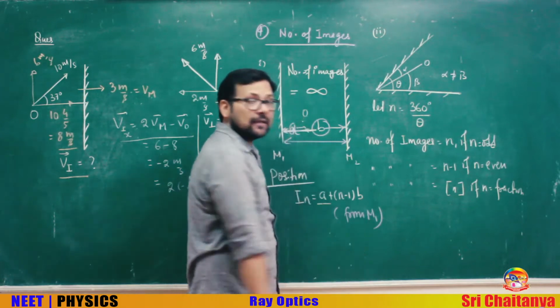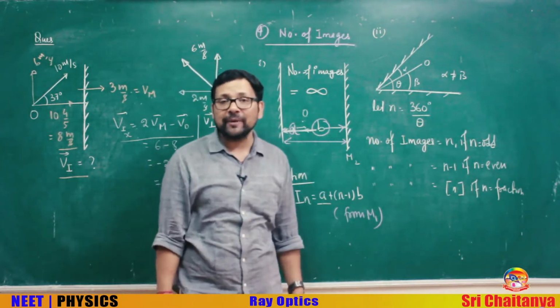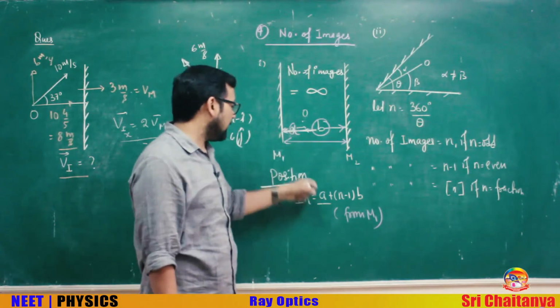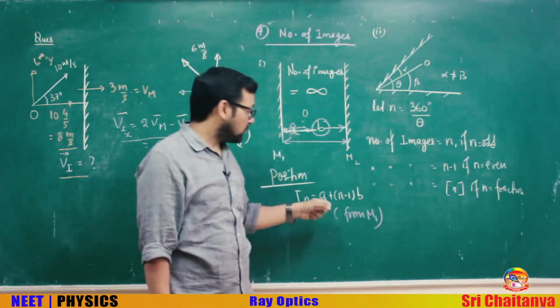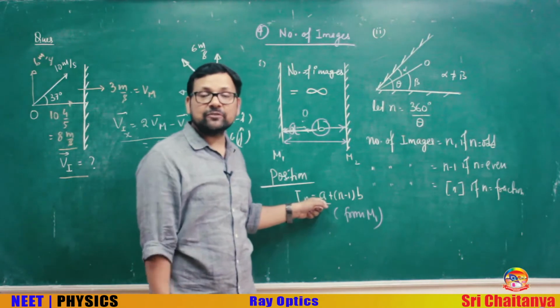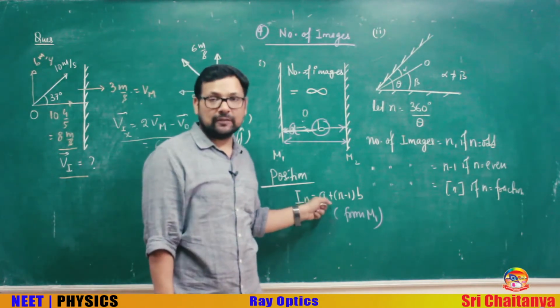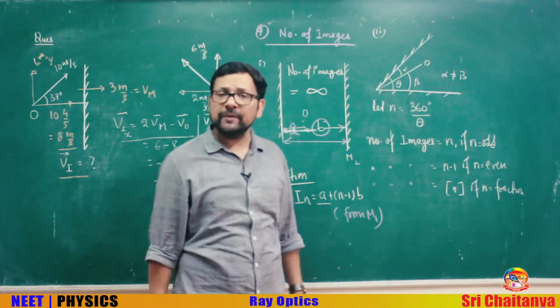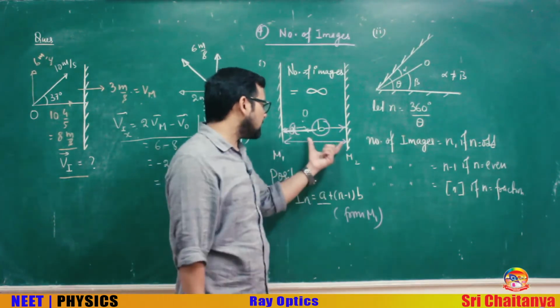It means the first image was formed in M1. How to know that? See, this distance A is written here. So it means the first image was formed in M1. Suppose the question is asking you, let the first image be formed in M2. Then what will this M2 distance be?